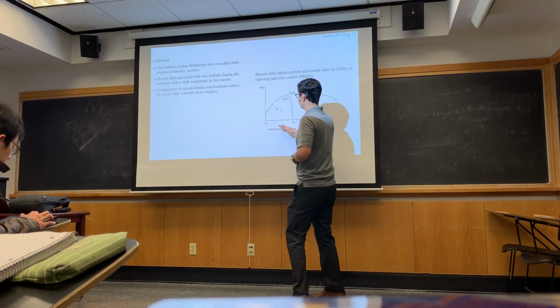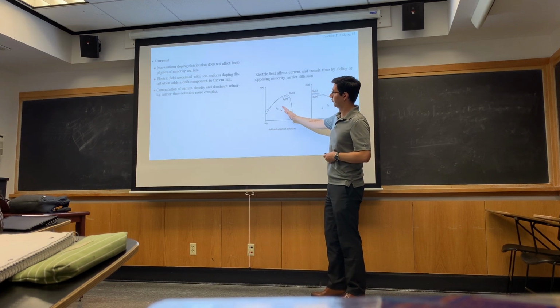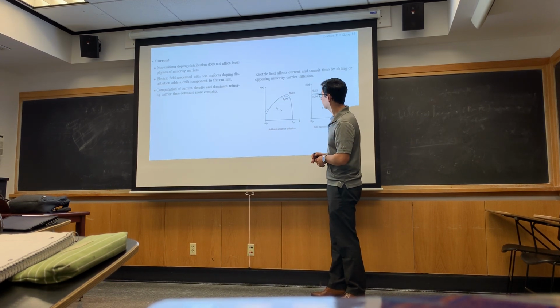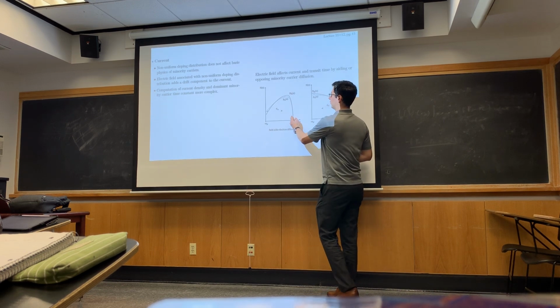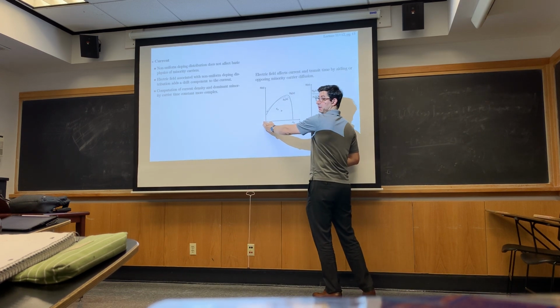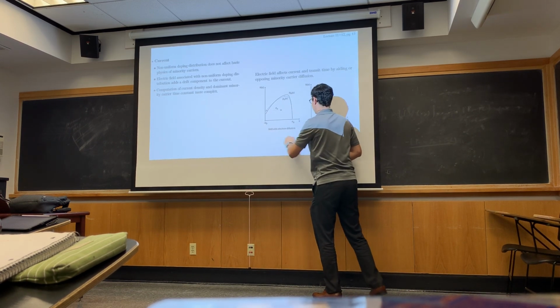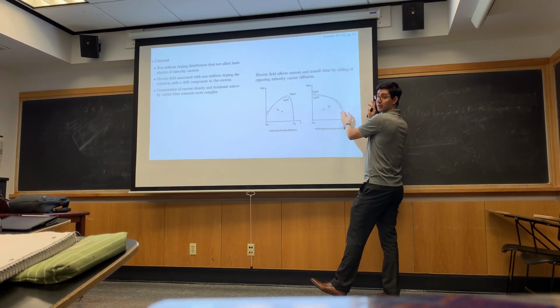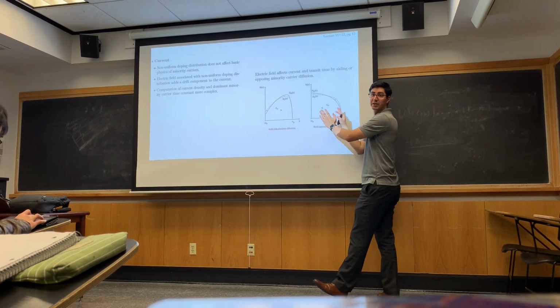So what's shown here are two different doping profiles. This is the edge of the depletion region. This is the edge of the P side where the diode ends. And once again, this is the edge of the depletion region. So we're only showing the P side of a p-n junction.